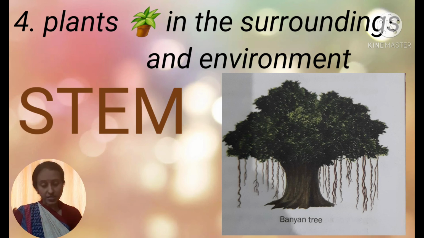The first one is a stem. The stem is the main part of the shoot on which branches, leaves, flowers and fruits grow. All of these grow from the stems. Trees such as banyan and mango have thick, woody and strong stems called trunks. They have very thick stems, so they are known as trunks.